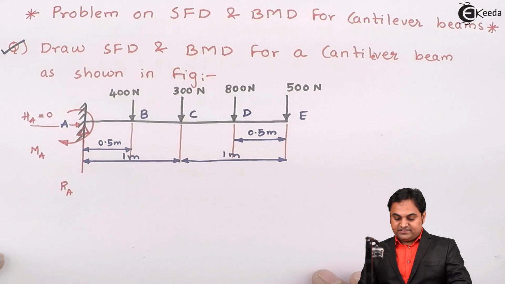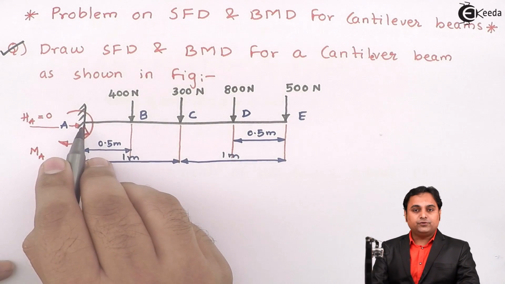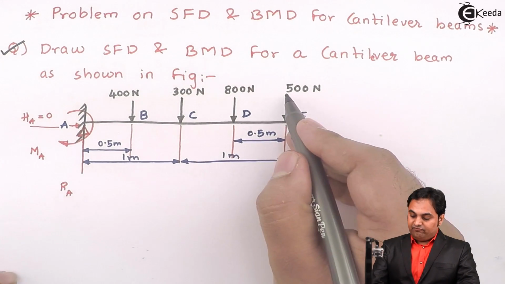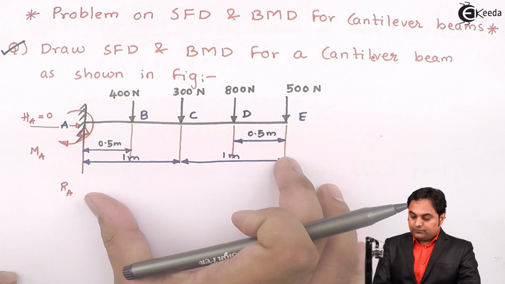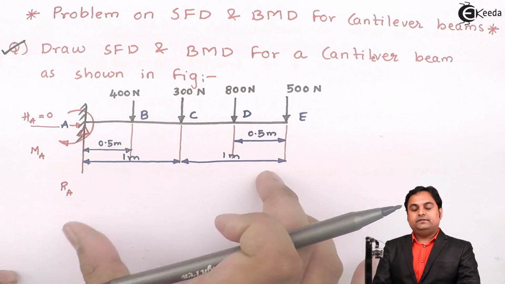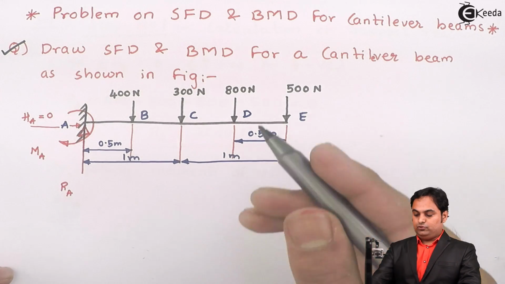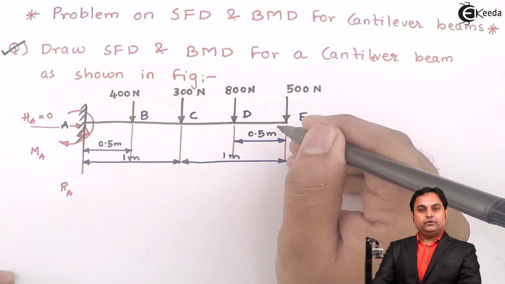So if we see in this diagram, I want to calculate the moment at point A. 500 into 2, that is force into the distance, that is the definition of the moment, that it is force multiplied by the perpendicular distance.